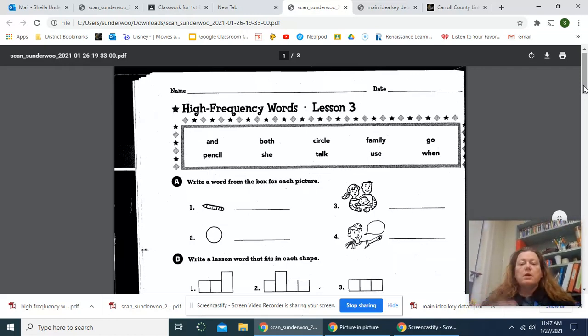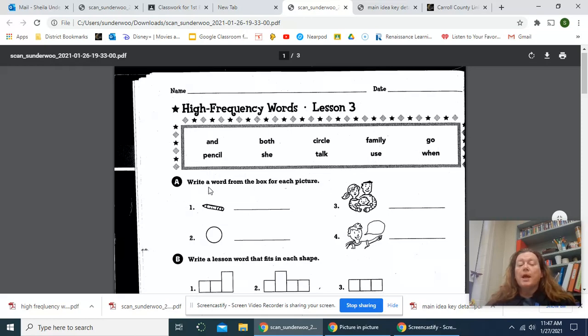Okay. So, what I'd like for you to do is look at the words, say them, and if you have any words that you're not sure of, ask Miss Candida or myself, and we will go over them. So, in this one, it's and, pencil, both, she, circle, talk, family, use, go, win.